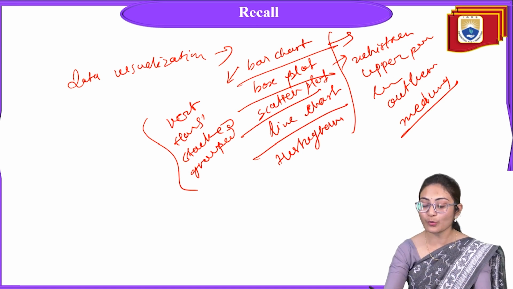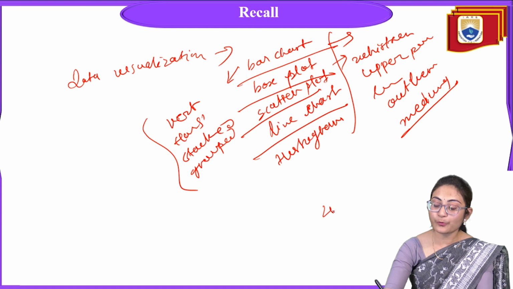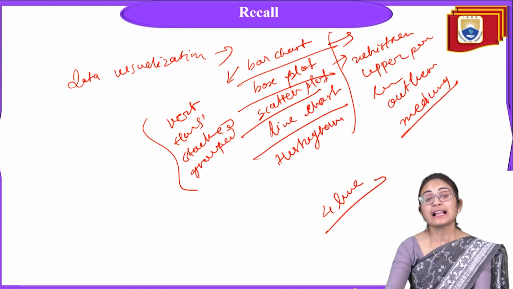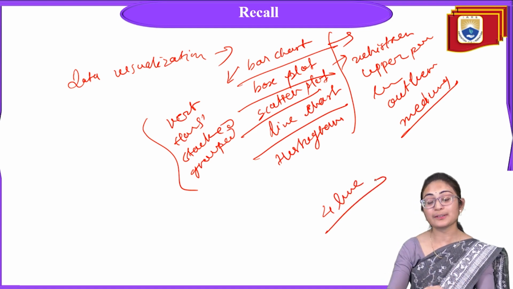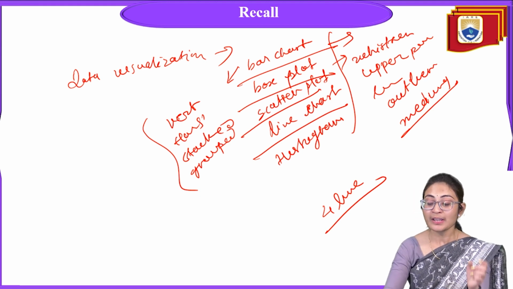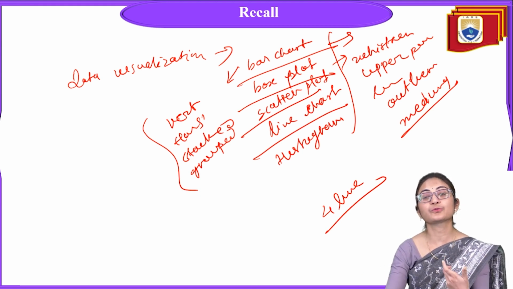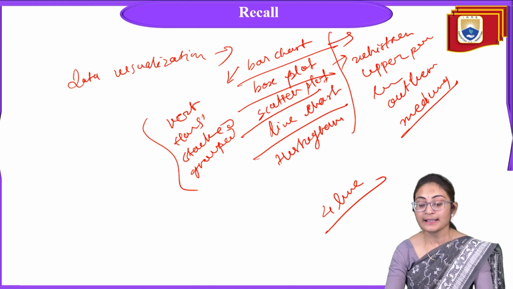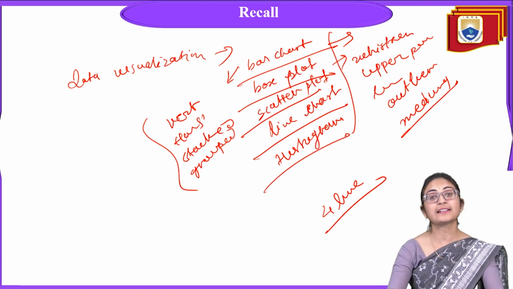So we can use only up to 4 lines in a line chart, so it will be very easy. But if you use more than 4 lines, it will be very confusing for you to understand and to analyze any pattern. Then after that we have seen the histogram.